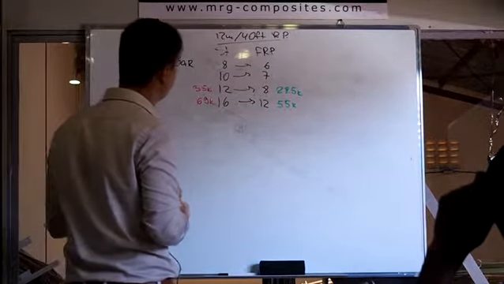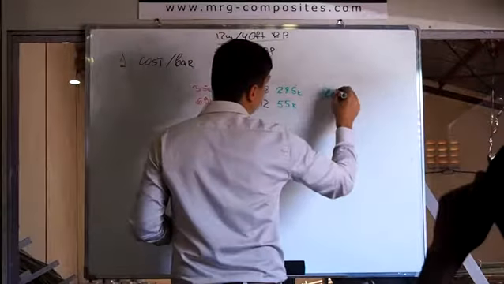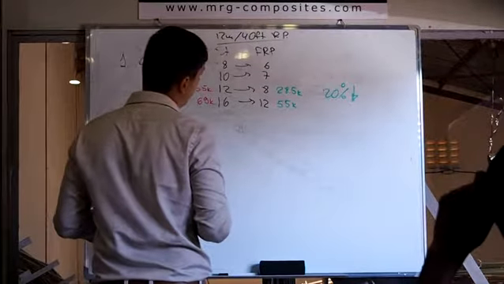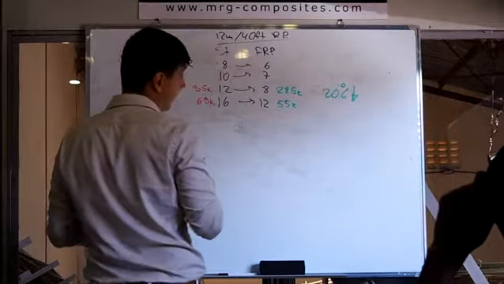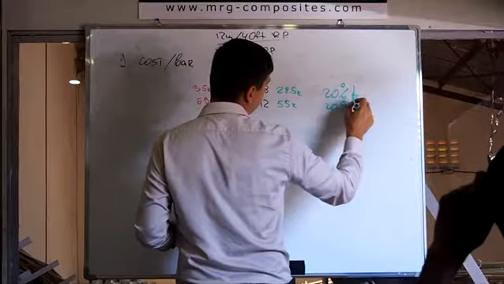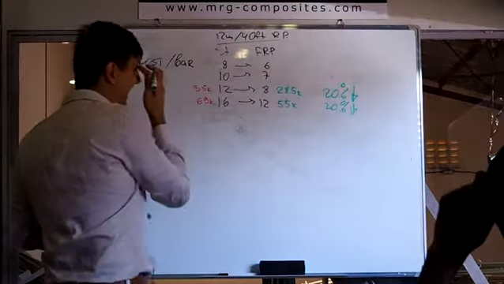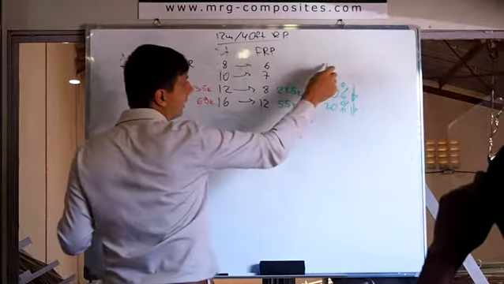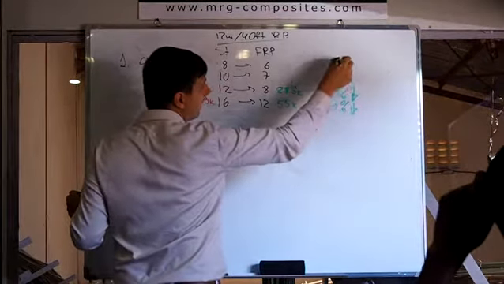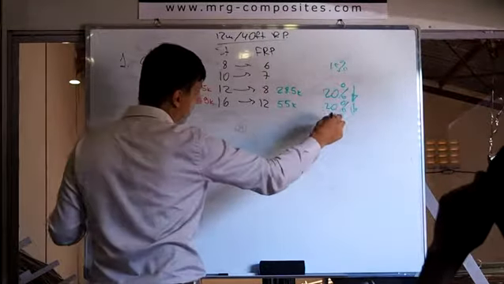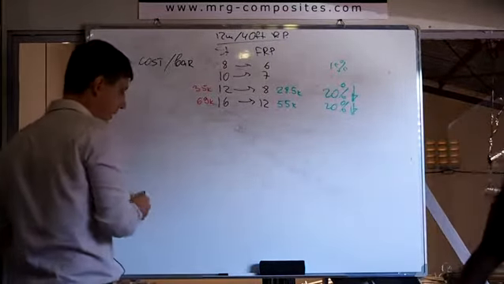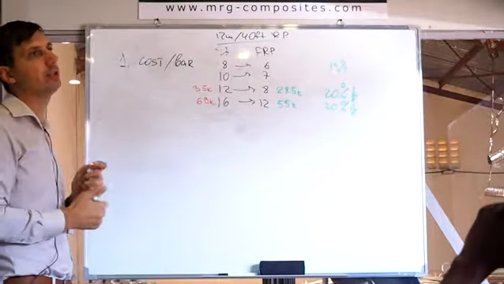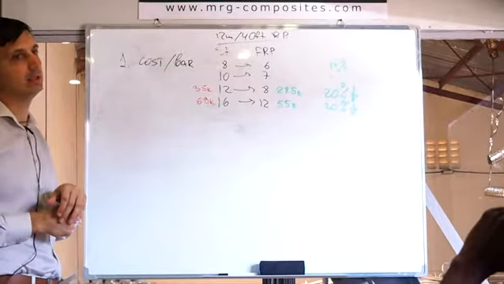You can see this is 20% here, 20% here, and 20% here. The difference goes down a bit here, so maybe 15%, something like this, and it increases if we compare 32 with our FRP 22.